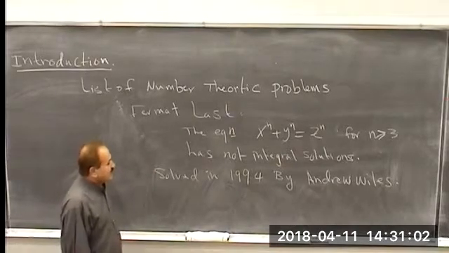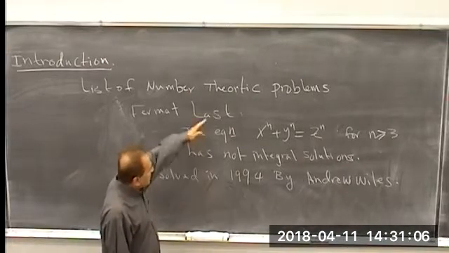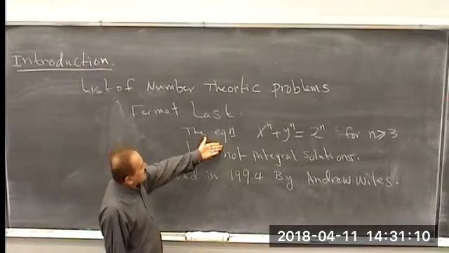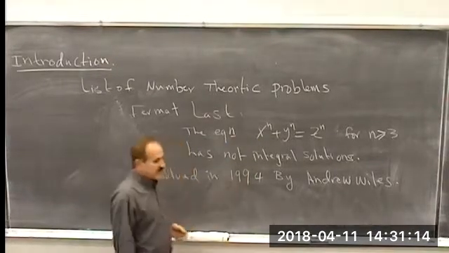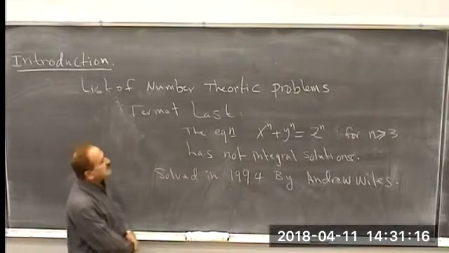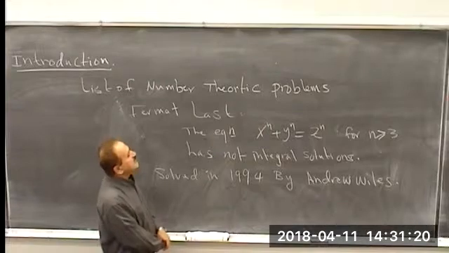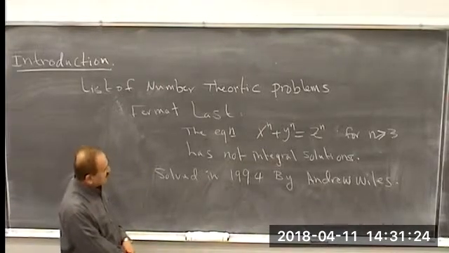All right. So as you can see, how long it took to solve one problem. It's very easy to state. Anyone can understand what the theorem is saying and what is required to solve it. How? That's the big question, which sometimes is not easy to answer.